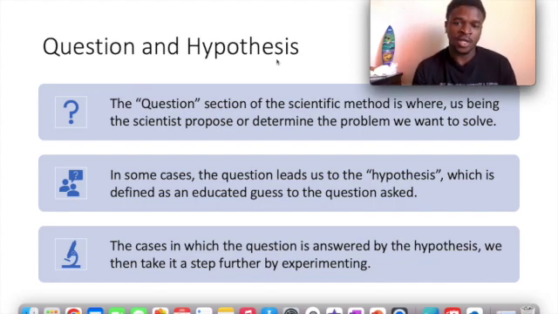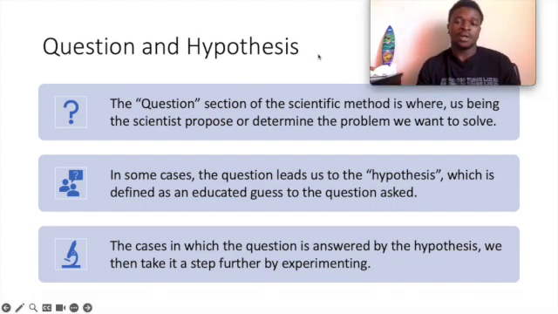So basically, what this slide is saying is we have a question. One of the questions that we could think of is, why are cars shaped a certain way? Now, for us to be able to create a hypothesis, we have to do a bit of research into why cars are made a certain way.